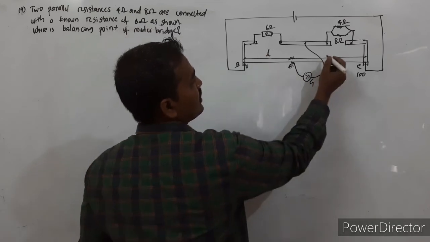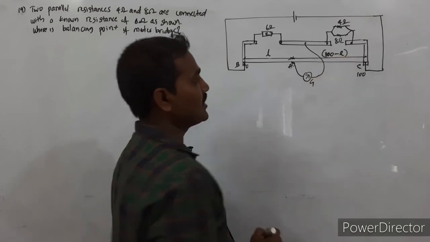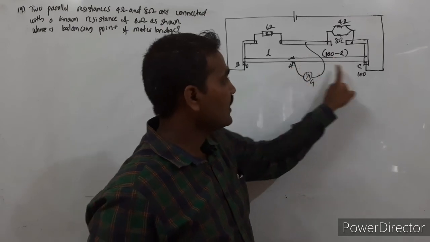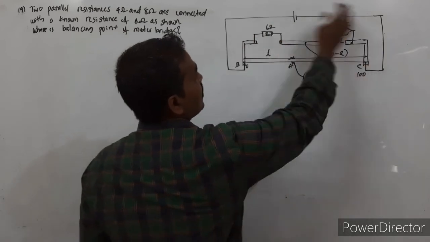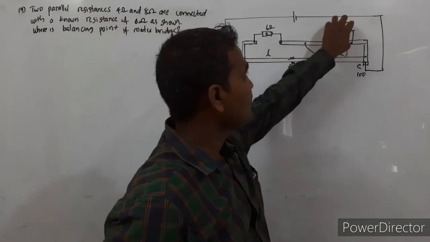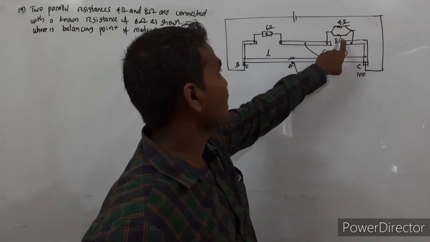The resistance of the remaining wire, that is 100 minus L centimeter, is directly proportional to this length A to C. Okay, and this can be considered as a Wheatstone's bridge. So this is the known resistance. The resistance of this combination, we have to find out.